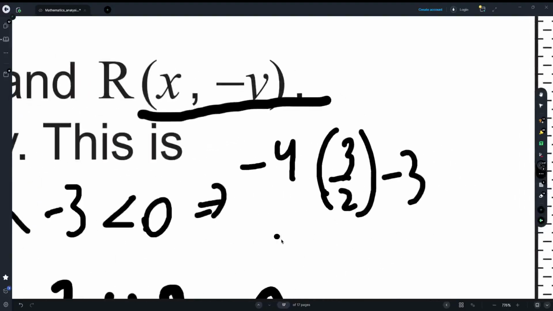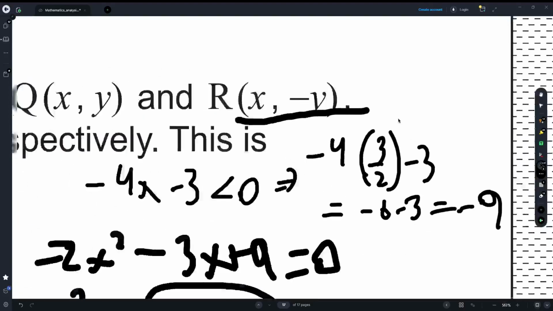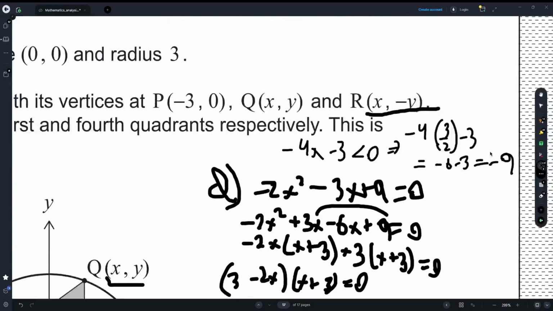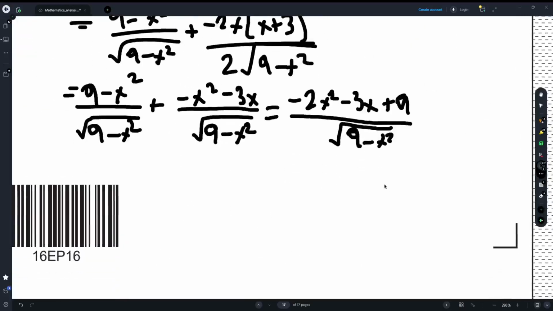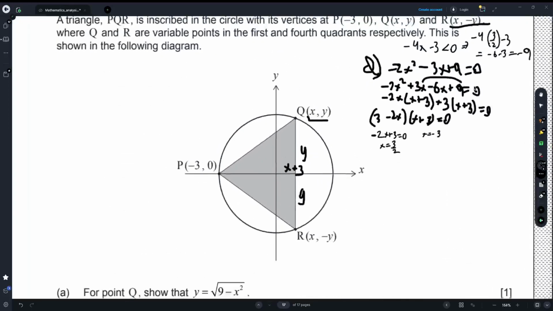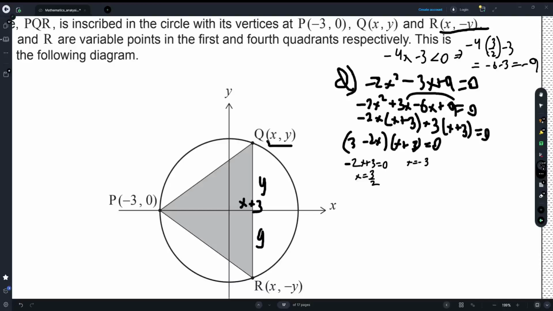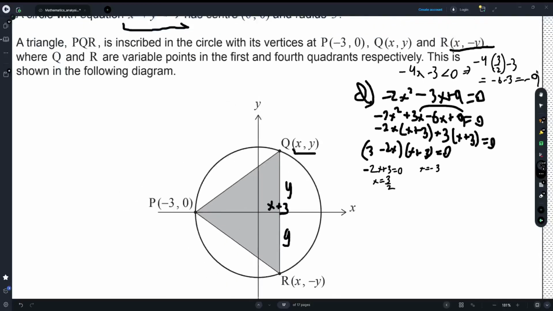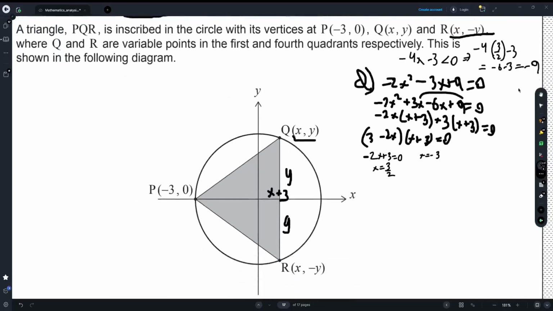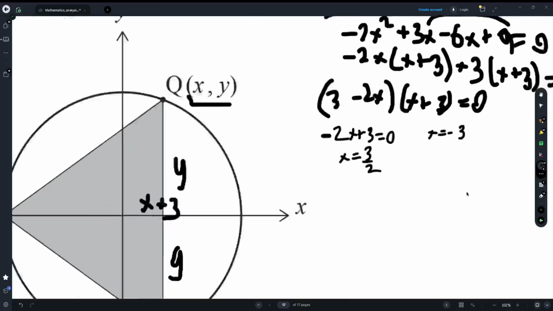We get that this is equal to minus 6 minus 3 equals minus 9. So this does indeed say that it's a maximum, so we'll just take this value. If it was a negative value here, for example if we took minus 3, this would result in 12 minus 3, which would be a positive value, or a minimum. So this is our x-coordinate, 3 over 2.